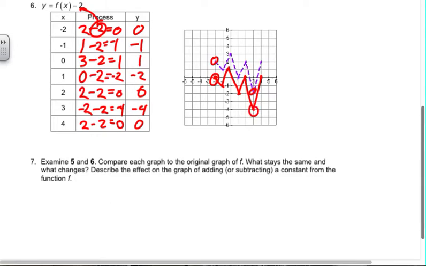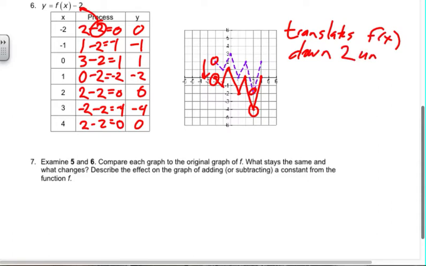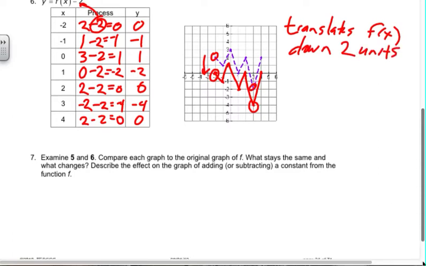See what happens is I've taken my function and I've moved it down 2 units. So this translates or shifts f of x down 2 units. Okay, again, our shape has stayed the same.